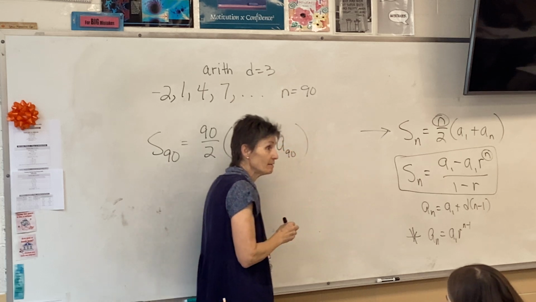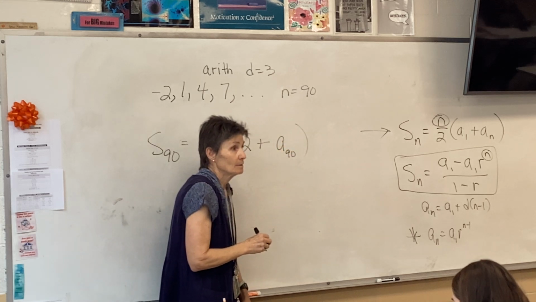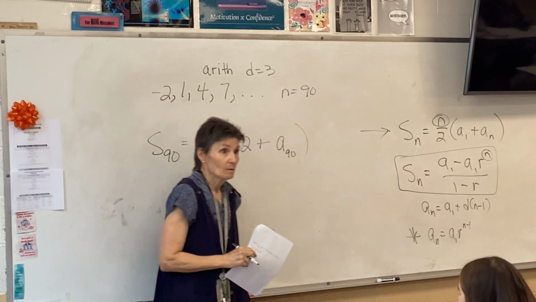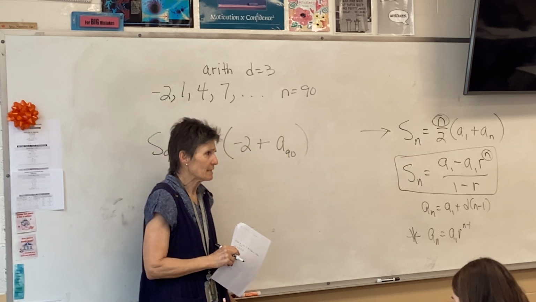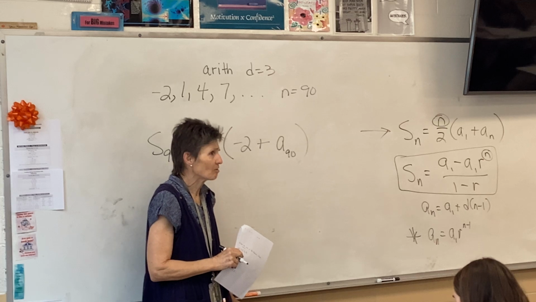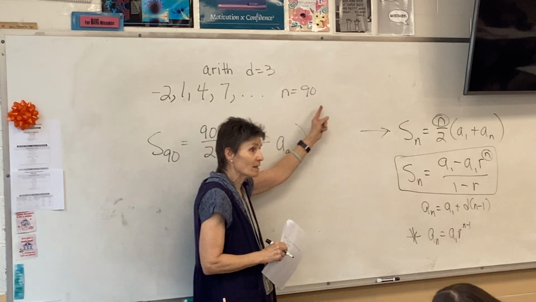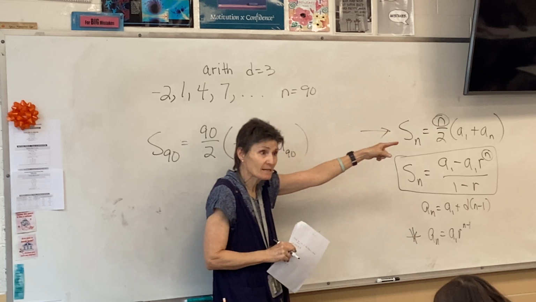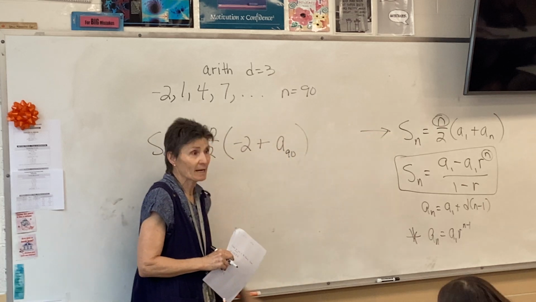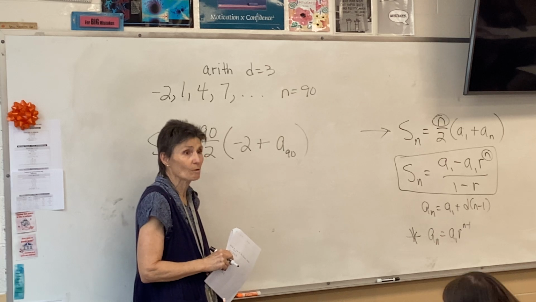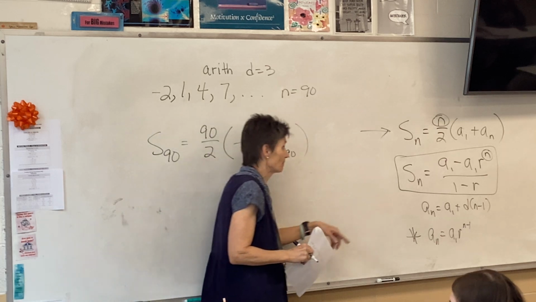A sub 90? That's what that says, A sub 90. What does that mean? A sub 90 is the 90th term. So if I would have to keep going all the way out to the 90th, okay, bad idea, I don't want to do it. How could I find the 90th term without doing that?